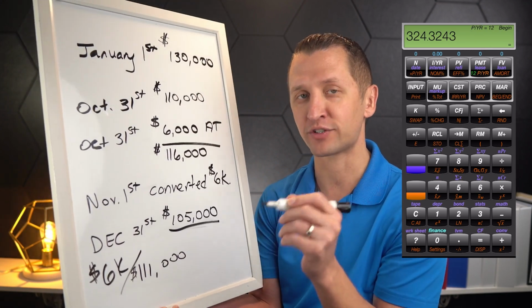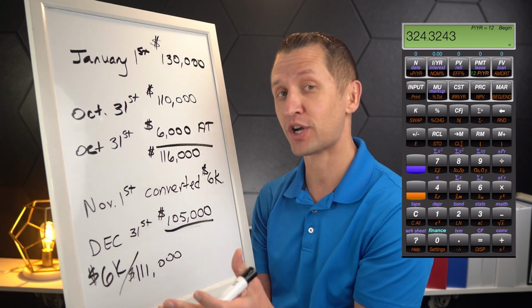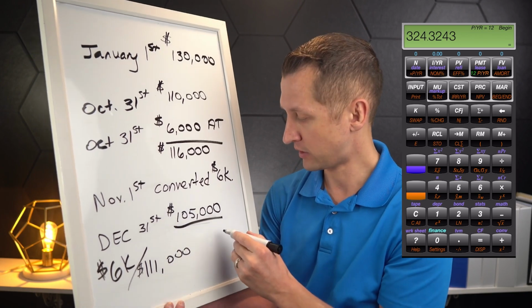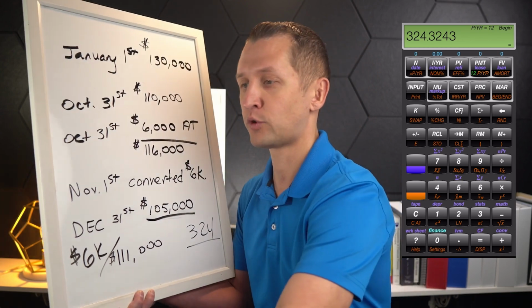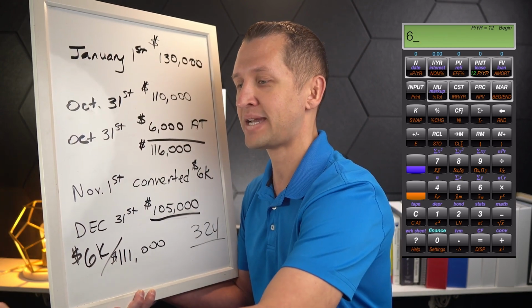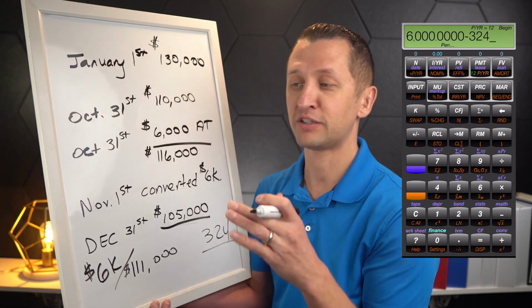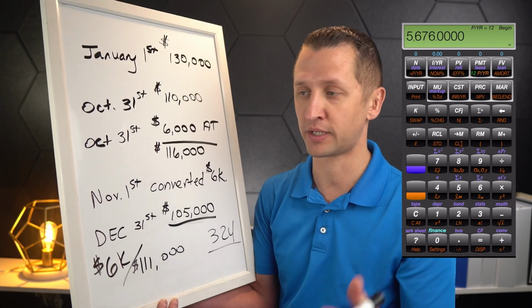That is our after-tax amount of the $6,000 that was converted. So only $324 in the conversion was not taxable. That means for the remaining amount, we're going to do 6,000 minus $324. That means $5,676 gets added to your taxable income.